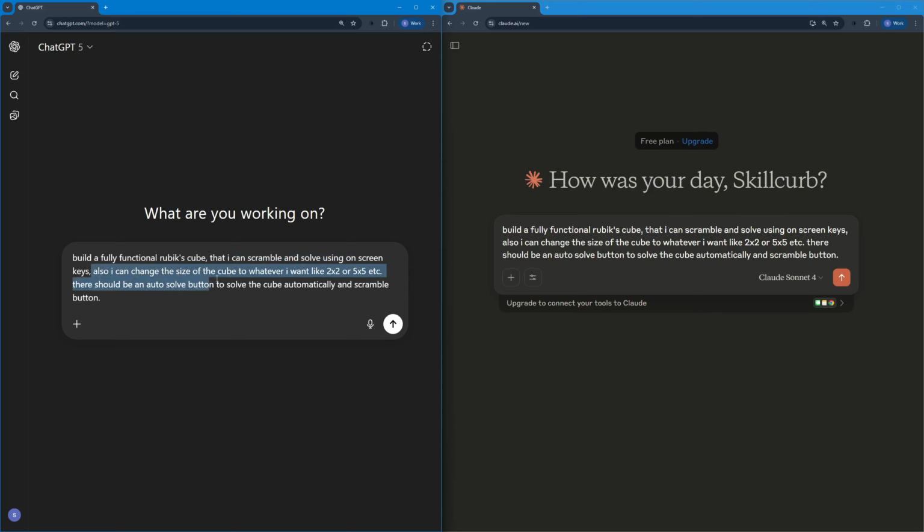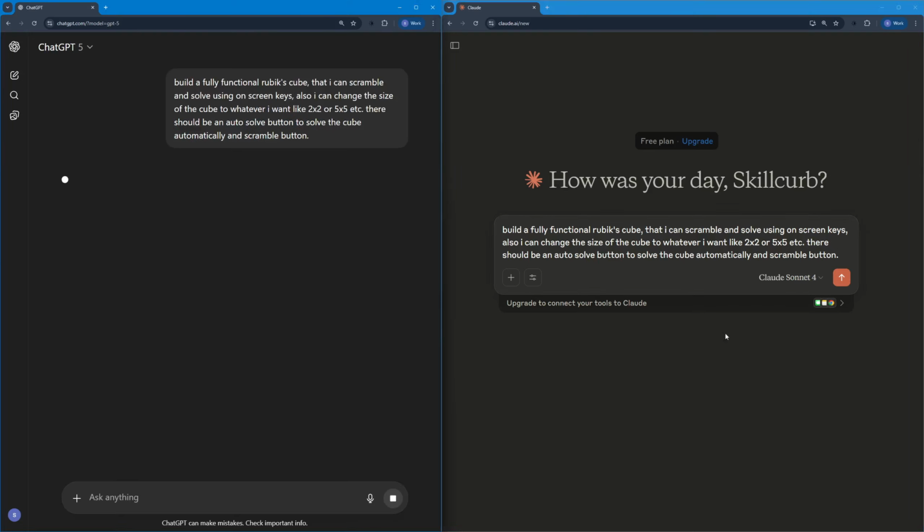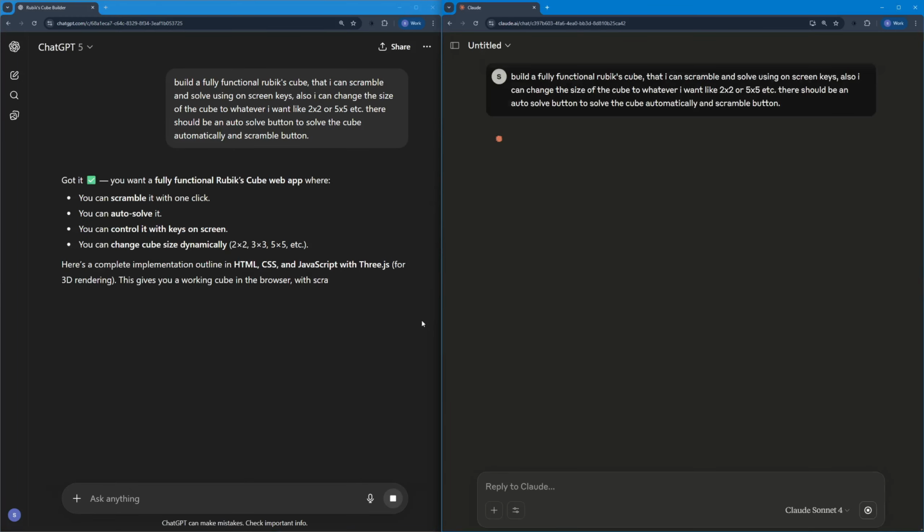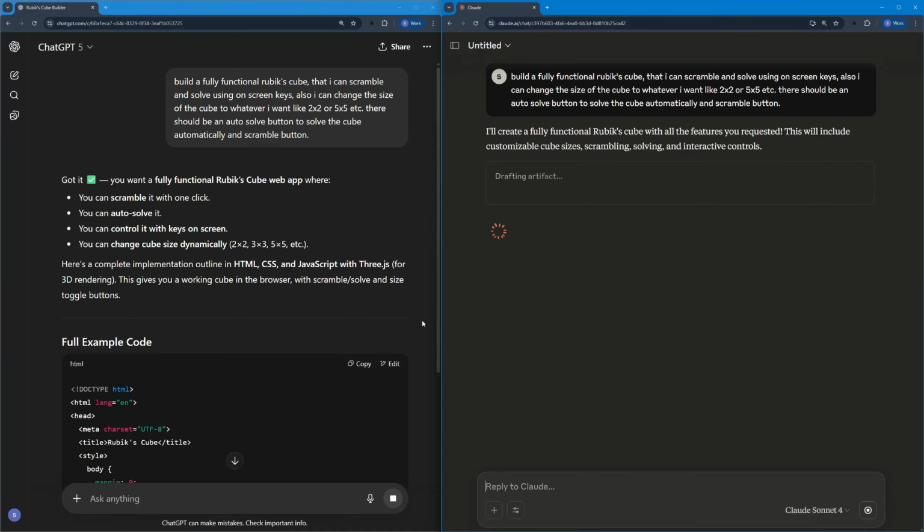Also, I can change the size of the cube or whatever I want, like 2x2 or 5x5, etc. There should be an auto solve button to solve the cube automatically and a scramble button. So I'm just going to go ahead with this simple prompt here and hit enter and check out the results, because I'm really looking forward to the results by GPT-5 and Sonnet 4, and let's see which one builds it better.